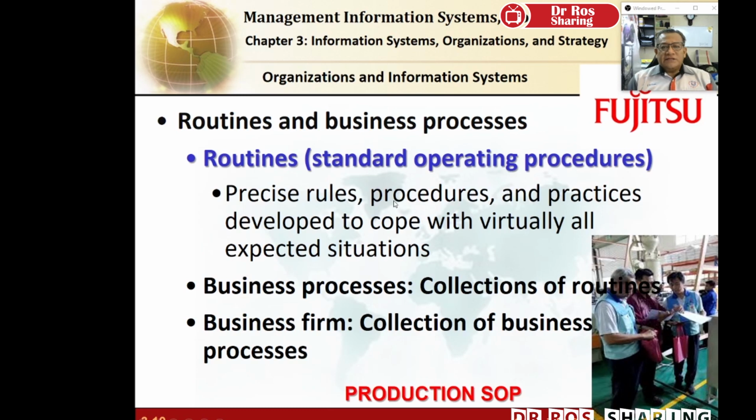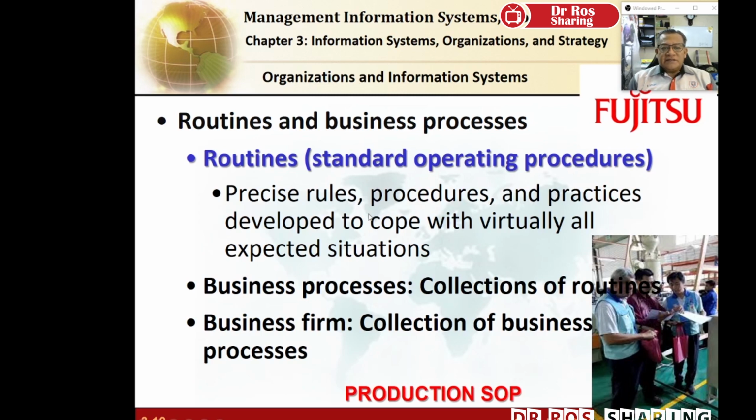Okay, within the organization itself, it has routines and business processes. What does routine mean? For example, at Fujitsu, routines mean the tasks that you are repeatedly doing over and over from day to day. Those are the routines. In the manufacturing perspective, they call it SOP, Standard Operation Procedure.